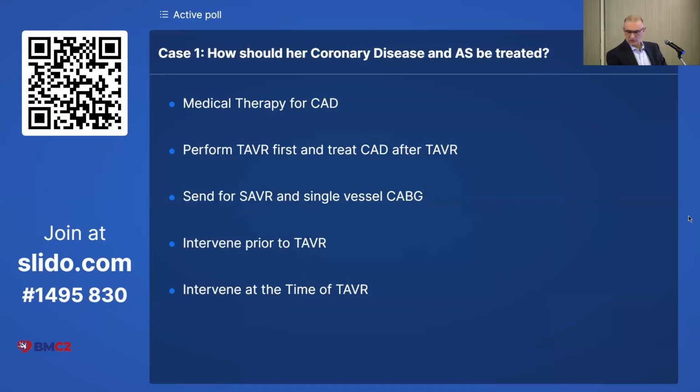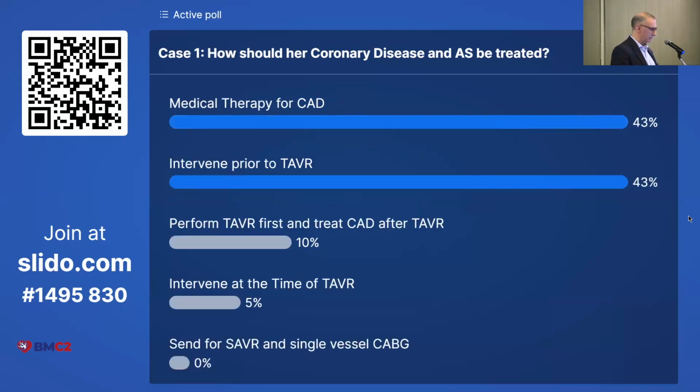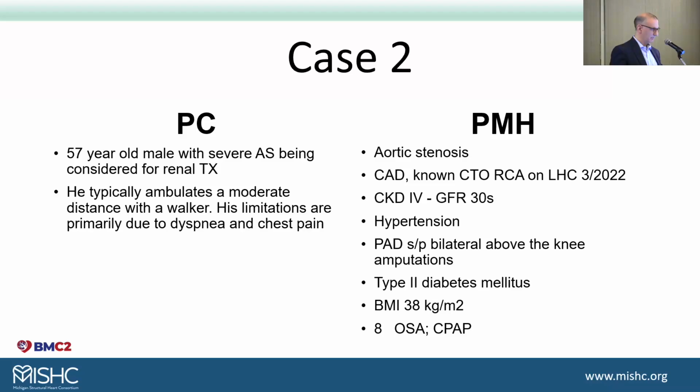I think when we get to like 20, we can just see the answer. So medical therapy for CAD and intervene prior to TAVR are the winners, neck and neck. Perform TAVR first and then treat CAD after TAVR. Intervene at the time of TAVR. And at least no one is sending for CABG and single vessel.